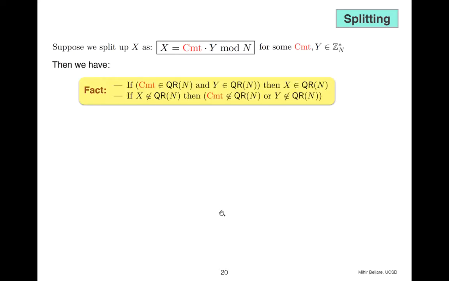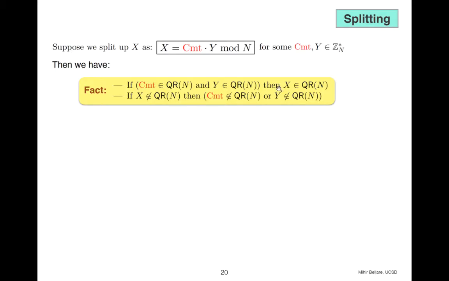The first statement says, suppose both this and this are squares. Both belong to the set of quadratic residues mod n. You're then guaranteed that big X is a square. So somehow knowledge about the quadratic residuosity of these two things transfers over to big X.